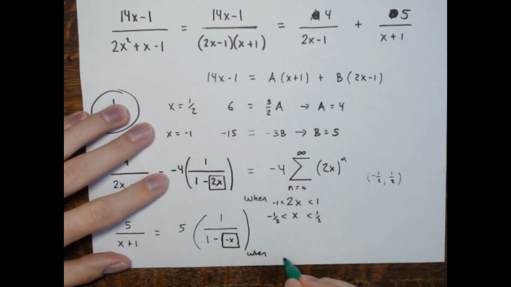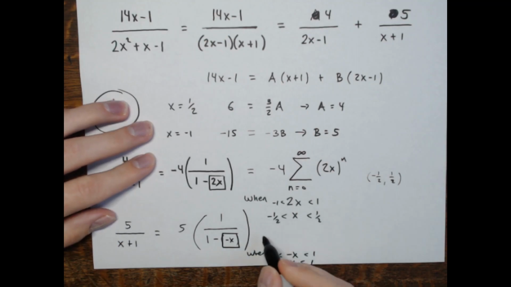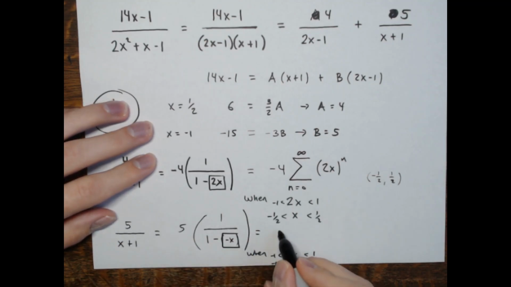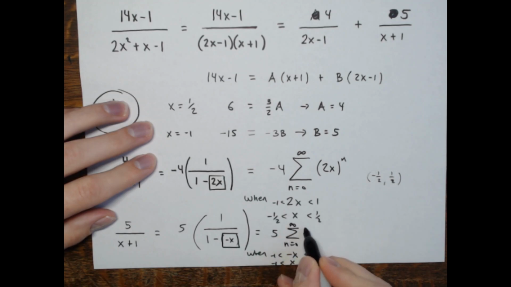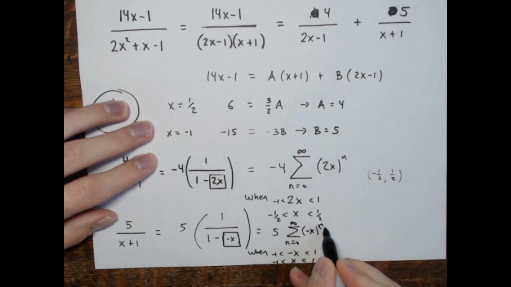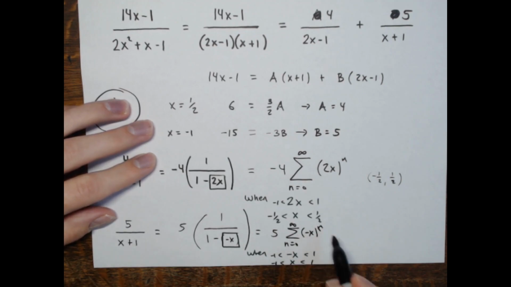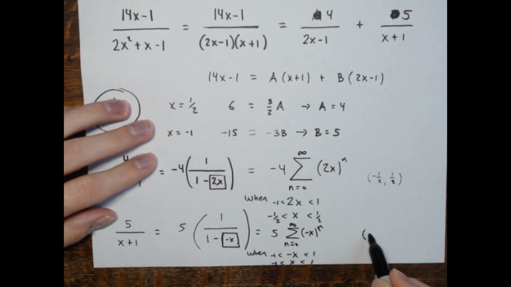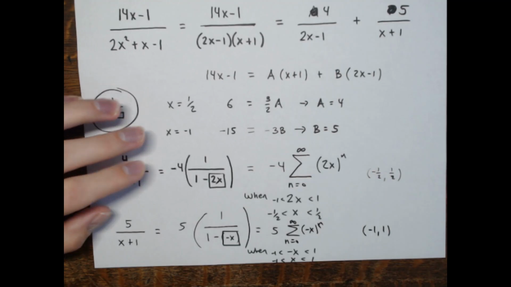So here, when -x is between -1 and +1, that would just mean that x would be between -1 and +1. We get a series that would converge to this. We can write a series that'd be 5 times the sum from n equals 0 to infinity of -x to the nth power, some alternating series, -1 to the nth times x to the nth. But the interval of convergence here is -1 to 1.